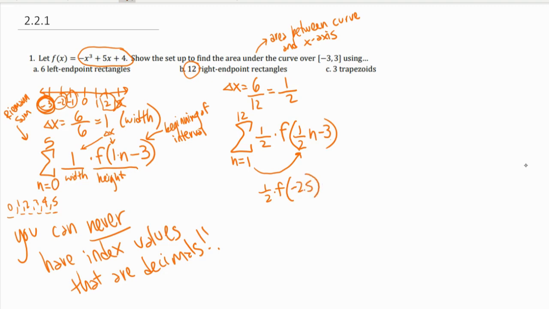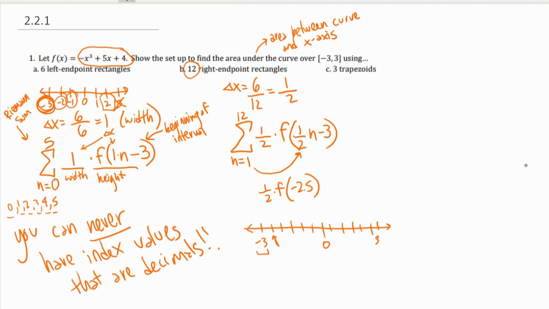Okay, so let's think about the number line thing again. So I'm starting at -3, I'm ending at 3. I'm splitting this into 12ths, right? So when I do this, I am starting at this point here. I'm not actually going to be starting at -3.